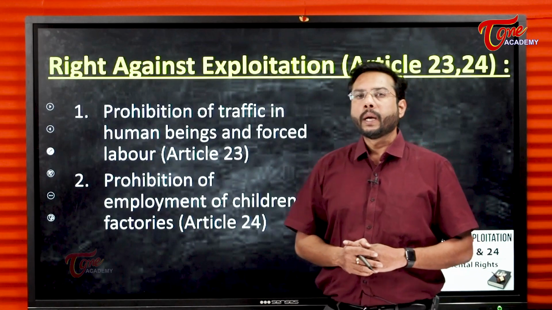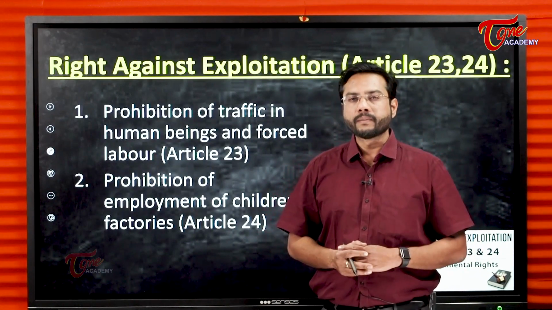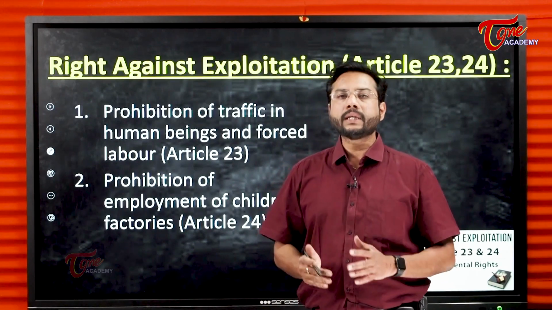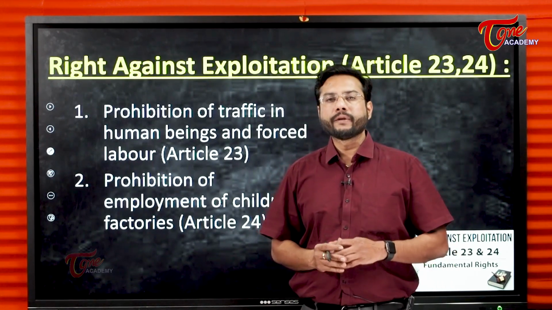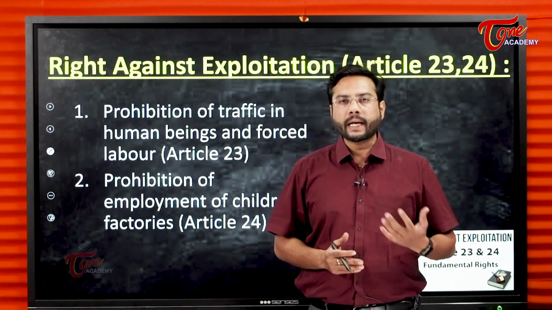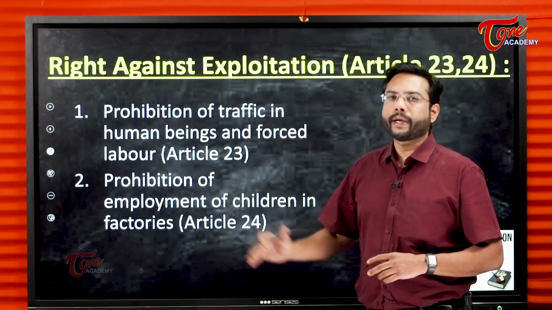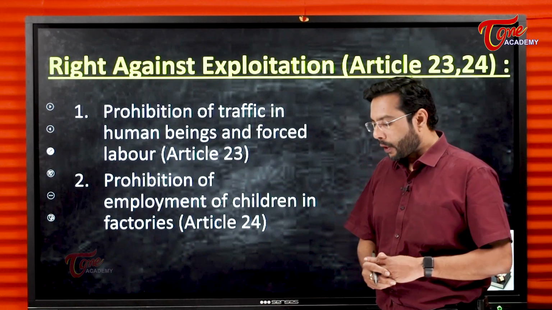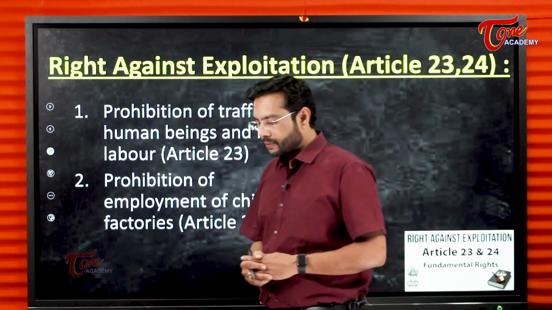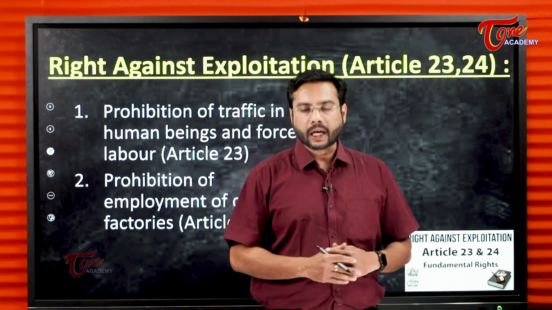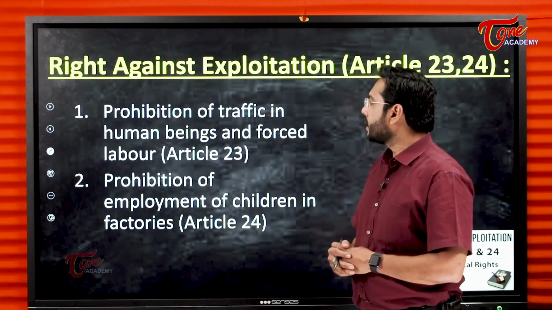Exploitation here is making them work without their will, that is, a person is working without being given compensation for that work. So that is exploitation. Exploitation could be of various types: physical exploitation, mental exploitation, cultural exploitation, all these.